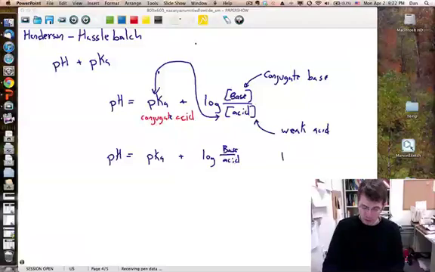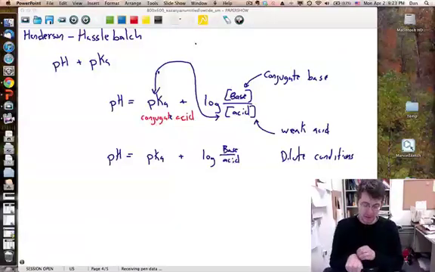And this works under dilute conditions, because of the assumption where the amount of the conjugate base and the amount of the conjugate acid are relatively unchanged as the reaction progresses.